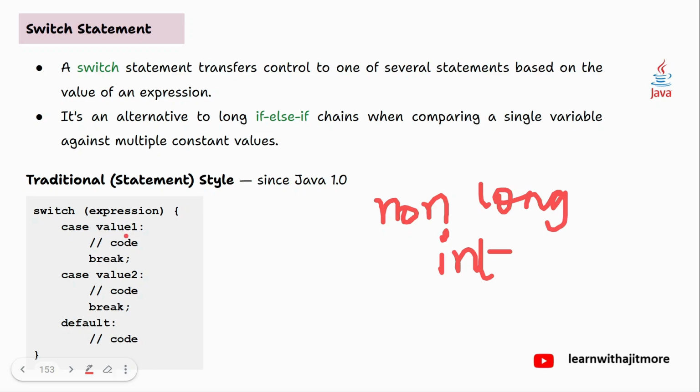You cannot have case 4.5 and you cannot have case 3L. 3L means it will take 3 as long. 3L. So it is not allowed.